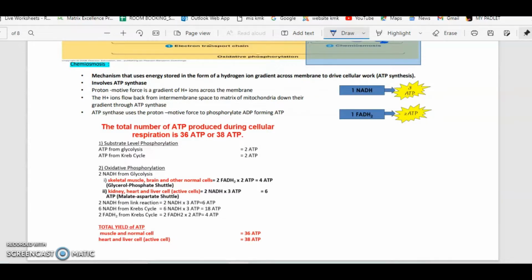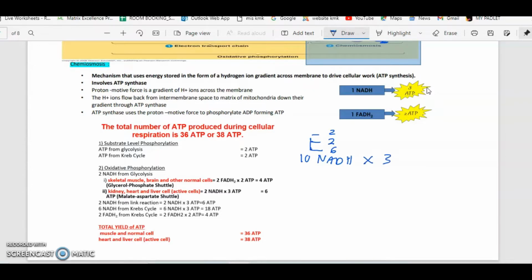Now from the calculation yang kita buat, after kita dah melalui proses Krebs cycle tadi, we know that we have 10 NADH. So the 10 NADH will produce how many ATP? From 10 NADH, we're going to have 30 ATP. Kita ada 10 NADH: 2 from glycolysis, 2 from ring reaction, and 6 from the Krebs cycle.